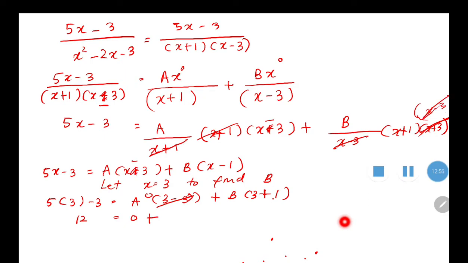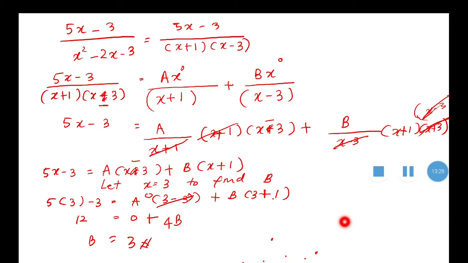So this is x minus 3 and this is x plus 1. Now we are okay for this part, it is the same. So 12 equal to 0 plus b(x plus 1), where x is 3 is 4b, where b is 12 over 4. 12 over 4 you will get 3. Now we have b.